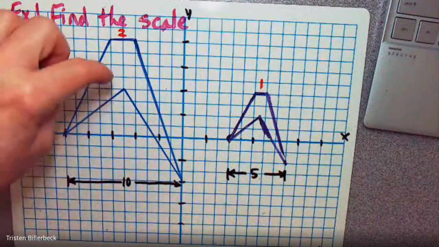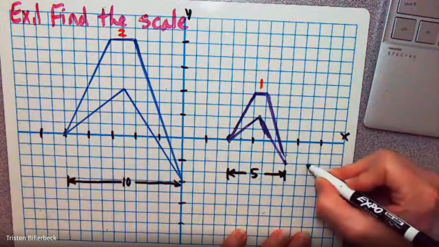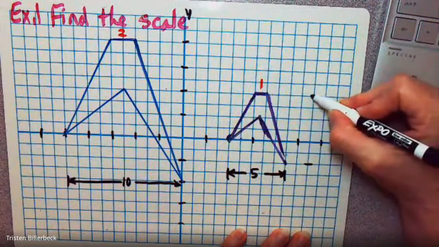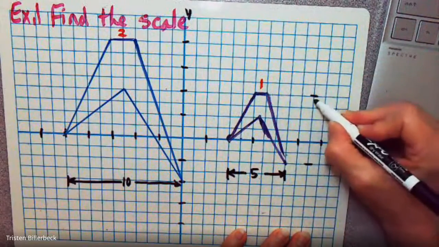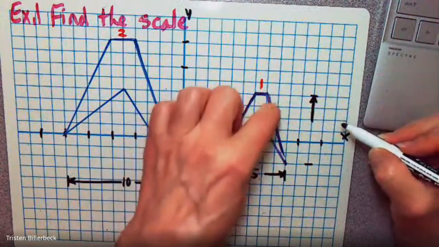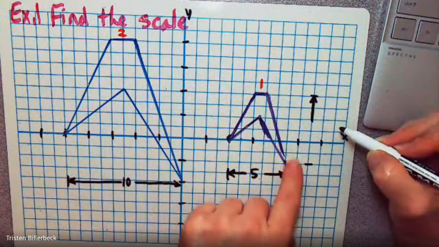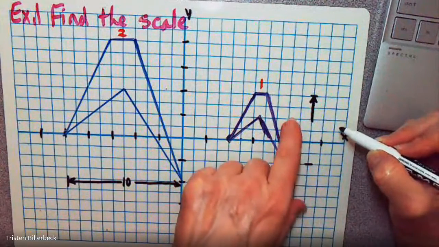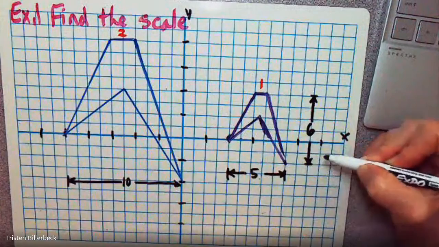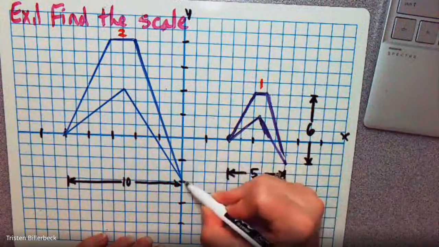What about the height? If we didn't want to deal with all the distance formula and all that to figure out these sides, we could look at the overall height. If we count 1, 2, 3, 4, 5, 6, I've got 6 here. I would expect that I probably have 12 here.